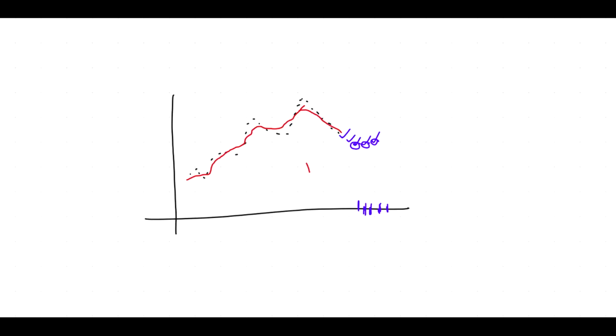On the other hand, if you are using the method of mathematical curve fitting, what would happen? You'll get such a trend curve, and based on that trend curve, you can forecast.